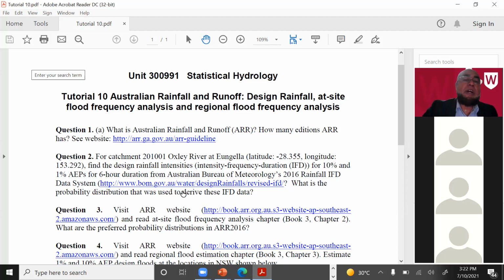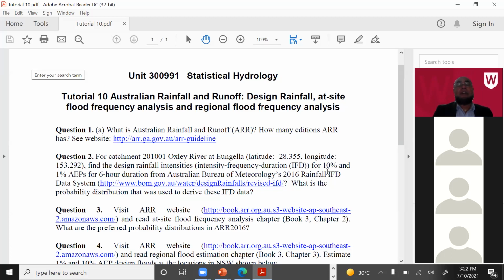Okay, so everybody got the rainfall intensity value? Ali Ahmad? Yes, sir. I would like to check with you whether what I found is right. For 1% AEP, it is 276. And 10%, it is millimeter.